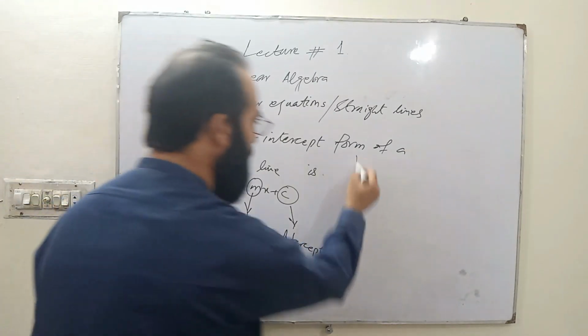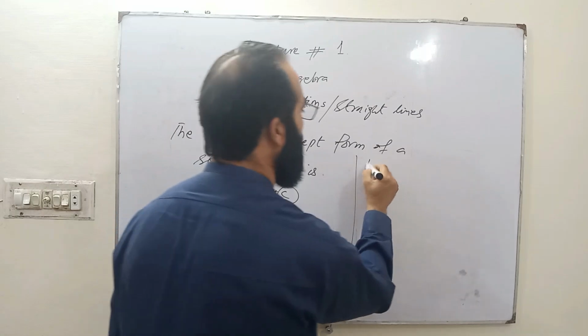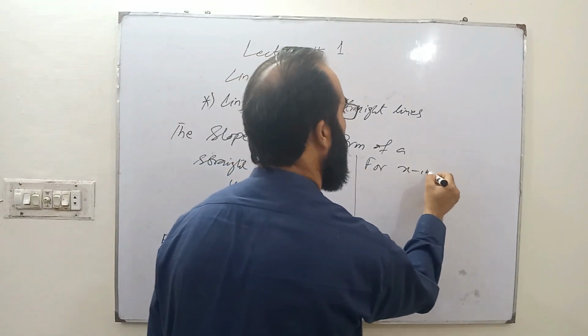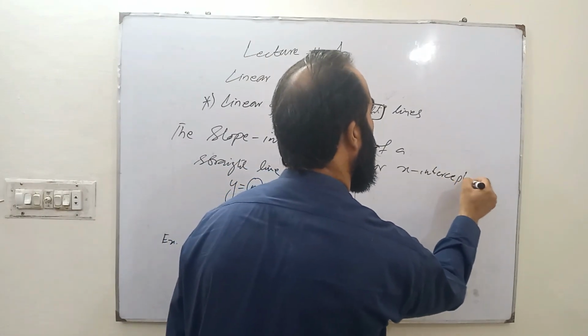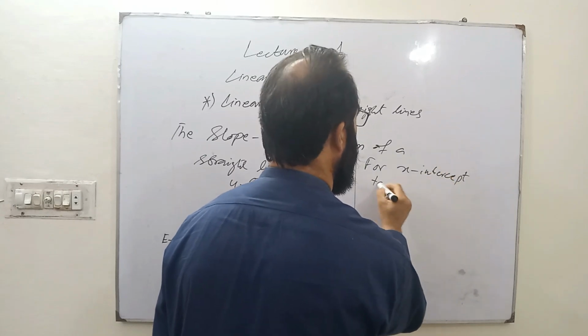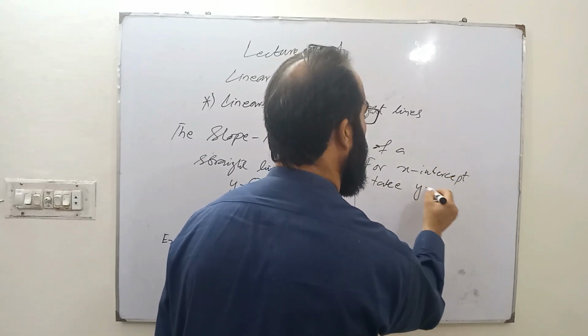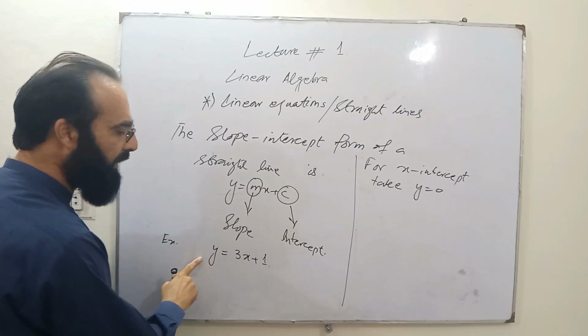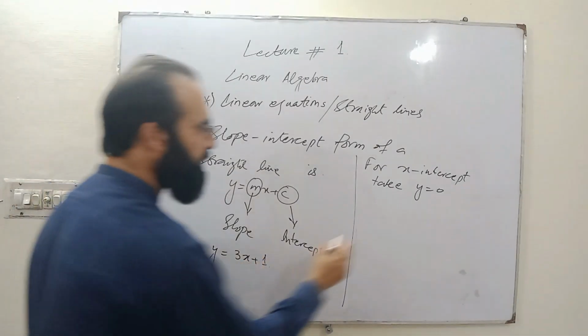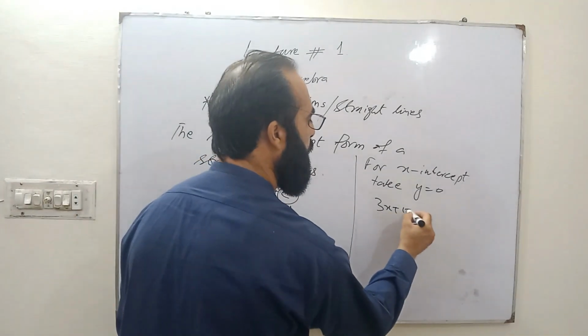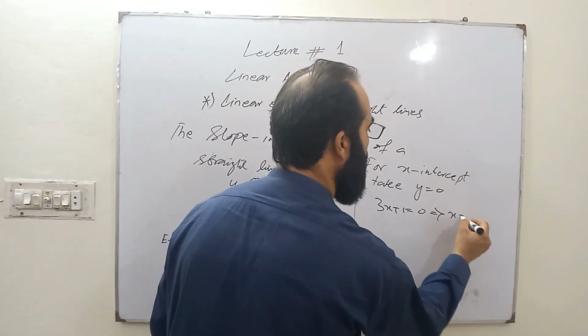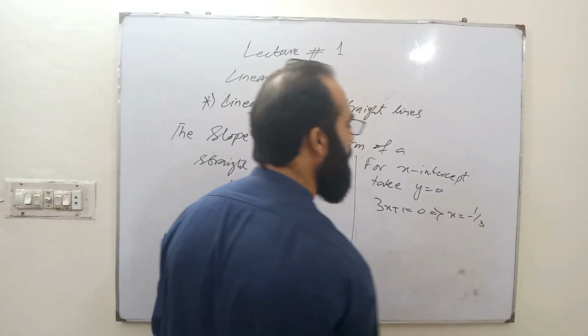So for x-intercept, put y is equal to 0, then we obtain 3x plus 1 equals 0, which implies that x is equal to minus 1 over 3.